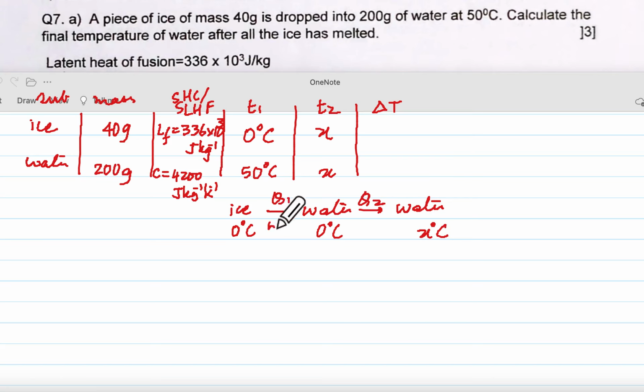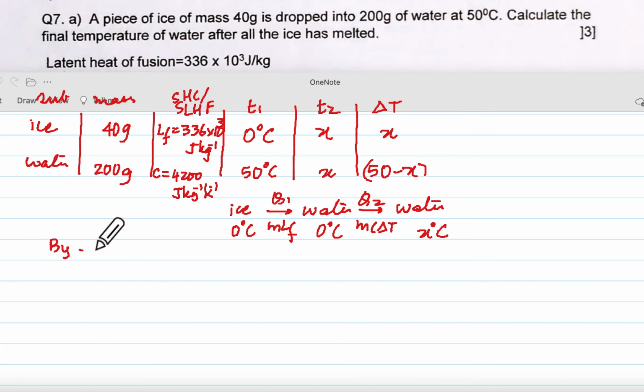What formula over here? MLF. Why? Because change of state. Which formula here? MC delta T. Why? Because change of temperature. So here delta T is X, and here, remember the ice is going to cool the water, so 50 minus X.